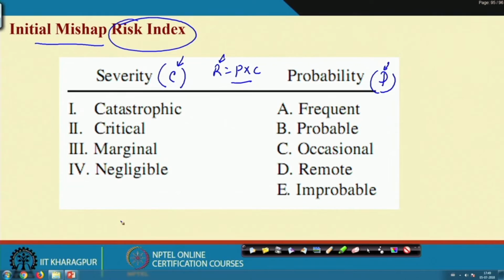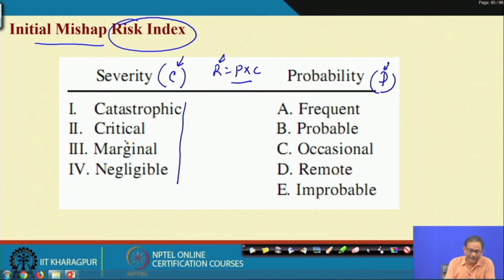By qualitative term, what we mean is given here. Severity can have 4 different categories: catastrophic, critical, marginal, negligible. For example, if there is a fatality, suppose one or more fatalities, that may be catastrophic. Or sometimes people say it is catastrophic only if more than one fatality is there, but okay, fatality is a big issue.